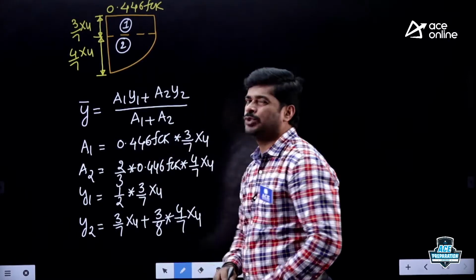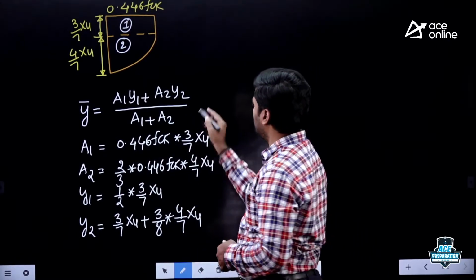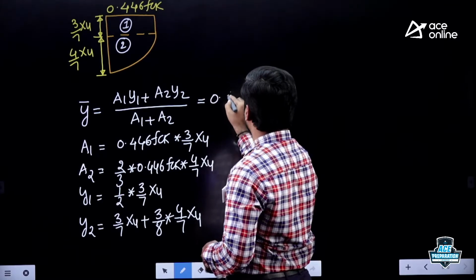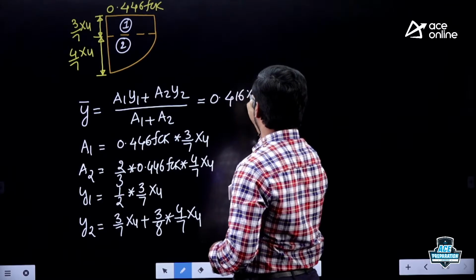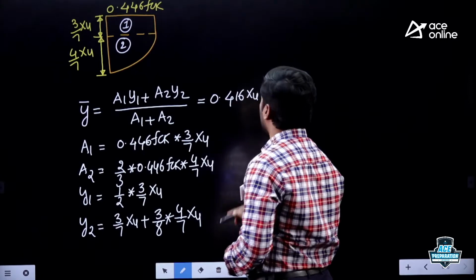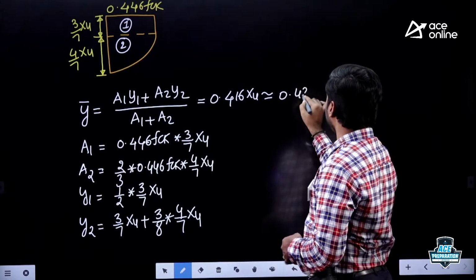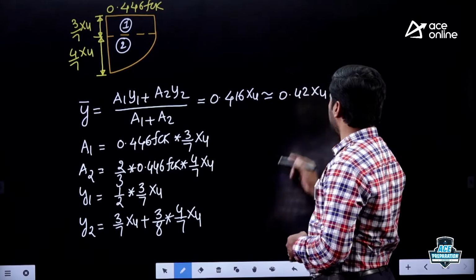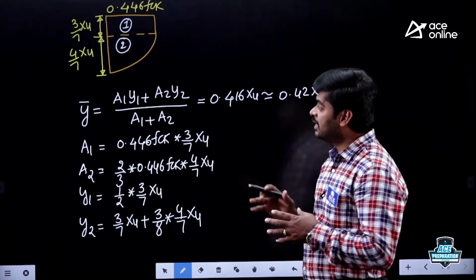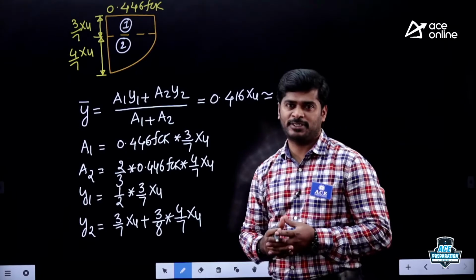My dear, if you substitute and simplify, you may get y bar equal to 0.416 XU. We take nearly its value as 0.42 XU. These three are the stress block parameters.